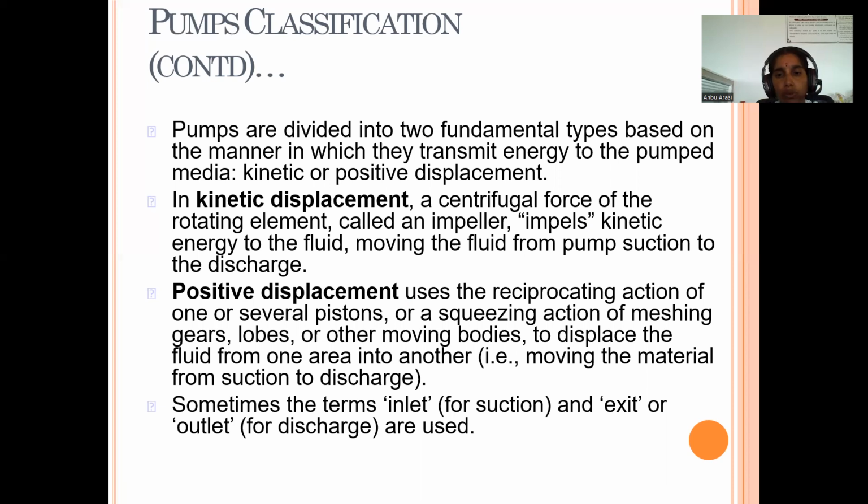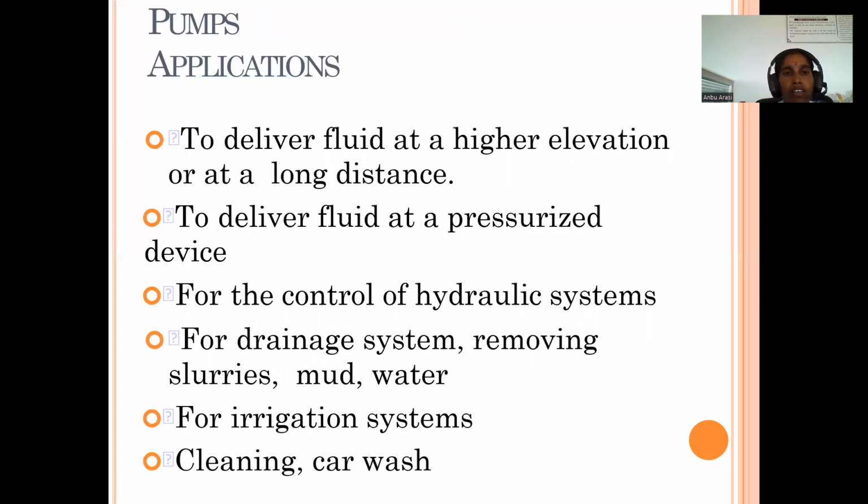Positive displacement uses the reciprocating action of one or several pistons, or a sequencing action of gears, lobes, or other moving bodies, to displace the fluid from one area into another. That is, moving the material from suction to discharge. Sometimes the terms inlet for suction and exit for outlet are used.